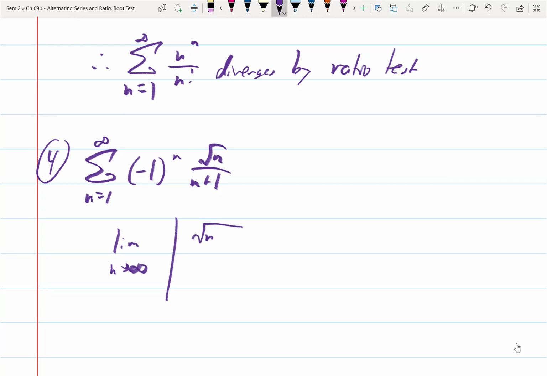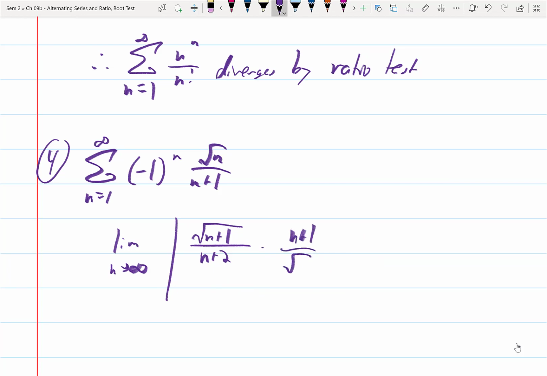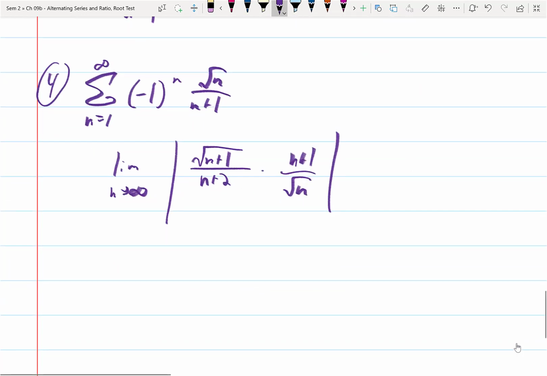So I just get root n plus 1 over n plus 2 over root n over n plus 1, which is the same as the limit as n approaches infinity of the square root of, see, when I divide these and do these by the reciprocal, which I probably should have done in this step, I'm going to do that here. We're just going to go times n plus 1 over root n. That's going to be easier to visualize.